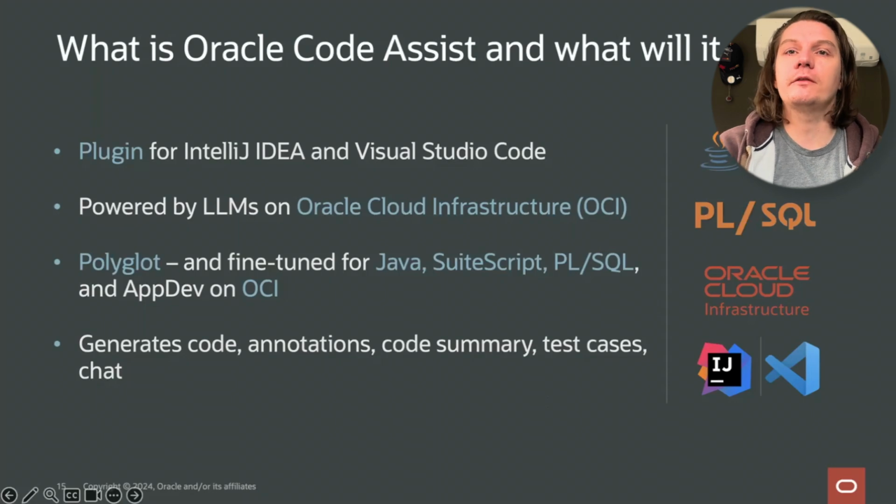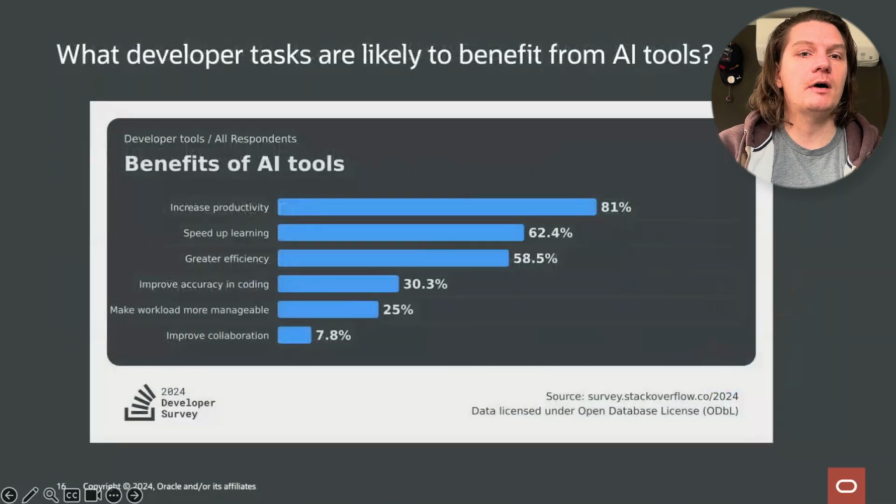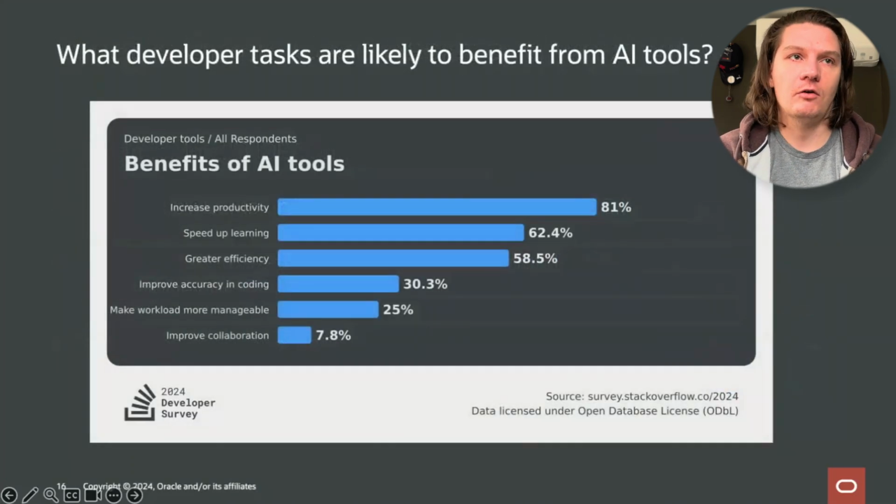We're looking at, I guess, the key capabilities in terms of generating code, annotations, code summaries, test cases, and essentially chat functionality, where you can, within your IDE, have a conversation with this companion. The reason why we're looking at this is that what we're seeing in the market, based on the latest survey, is that the benefit of AI tools is around increasing productivity.